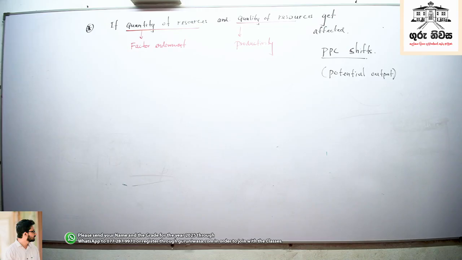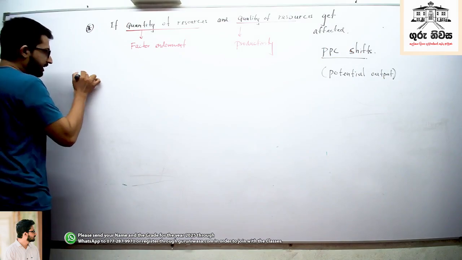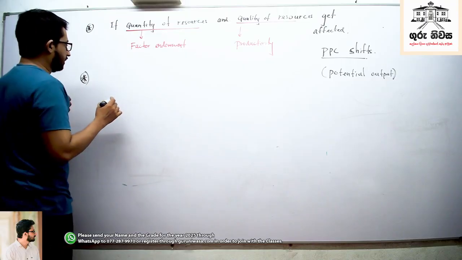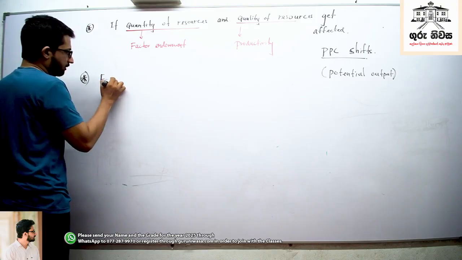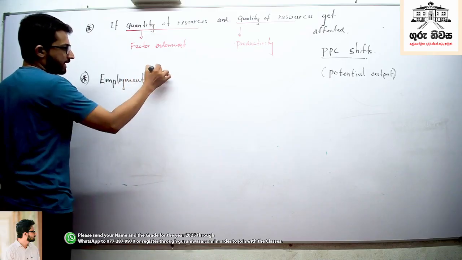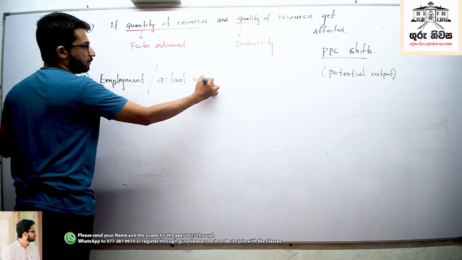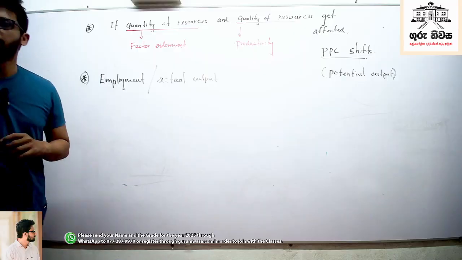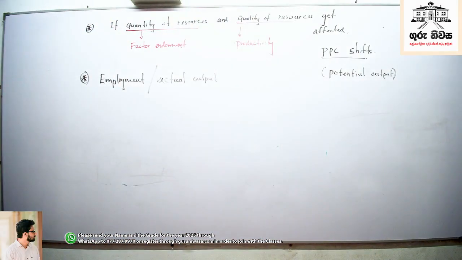For example, if any event affects only employment, or we can say actual output, the PPC curve does not shift. It is shown by a point inside the PPC curve.